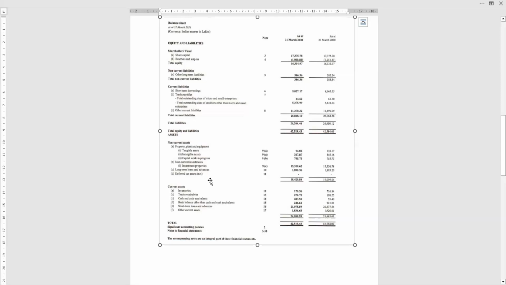One point: as per the accounting standard, it is not to be shown on the face of the balance sheet.